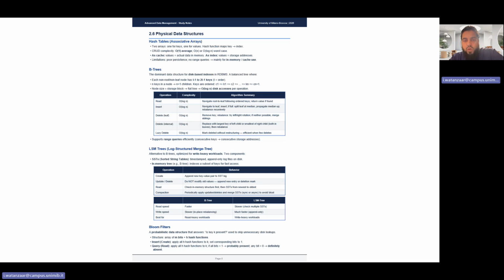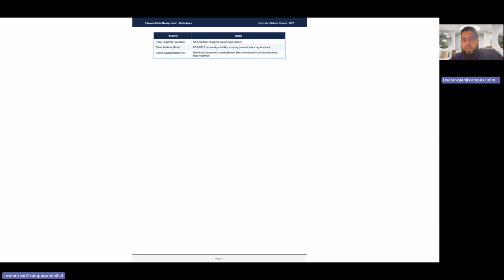They do not look up unnecessary memory; they just ask one question: is the key available? This is how they structure the array of bits and hash functions. They apply the insert and create, and based on that they query. If the bits are 1, they say probably present, and a zero bit means definitely absent. So this is all about the data models.